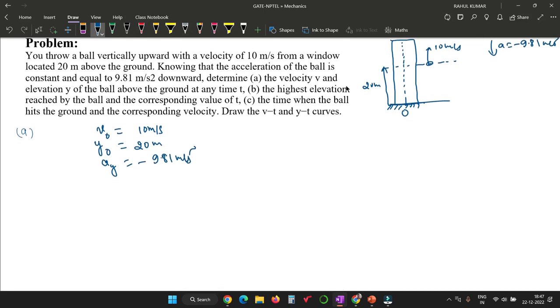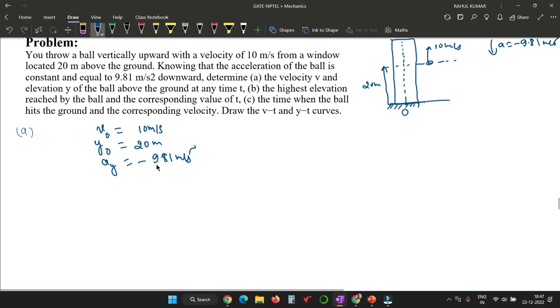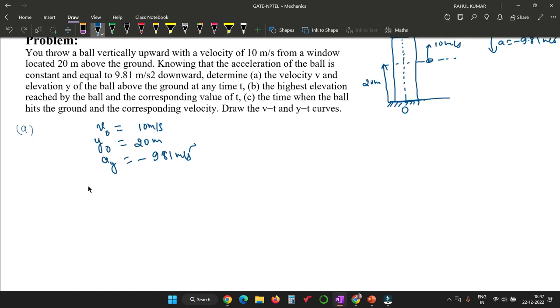The first problem is asking for the velocity v and the elevation y of the ball. It is very simple. v equals v naught plus a t.